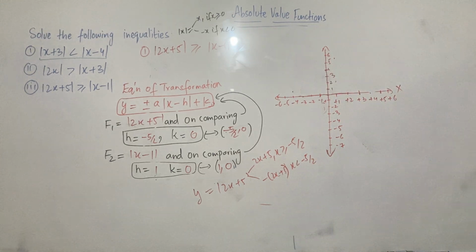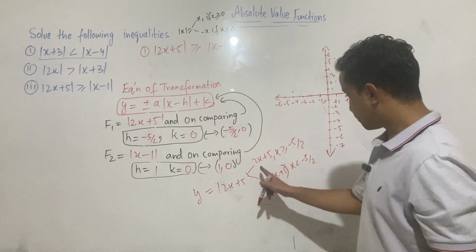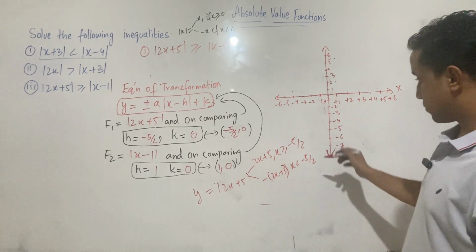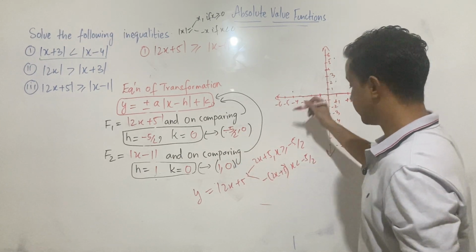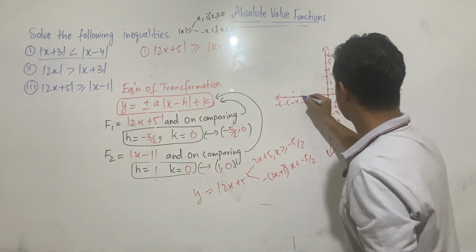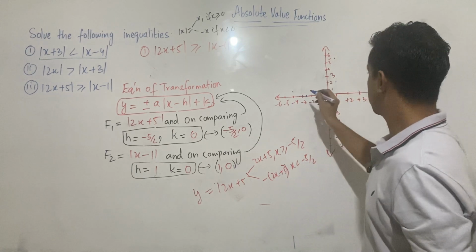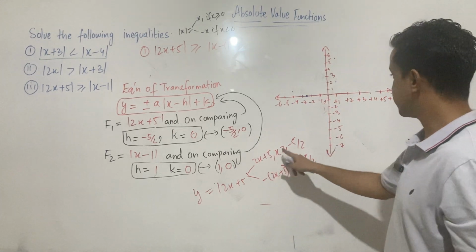Okay, so I hope you can see it clearly. Here for 2x plus 5, the vertex is going to be here, minus 2.5. Yes, so minus 2.5 is this point. Okay, so let's see for greater than, right?